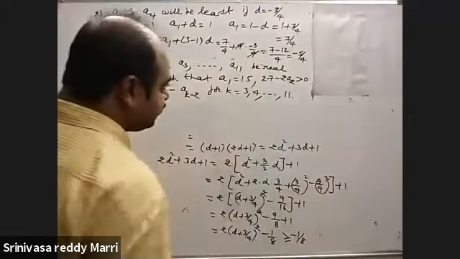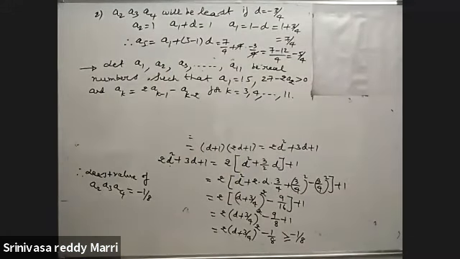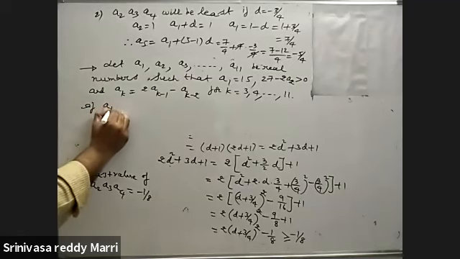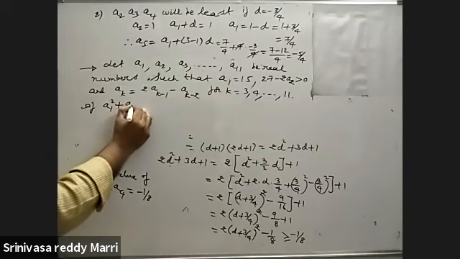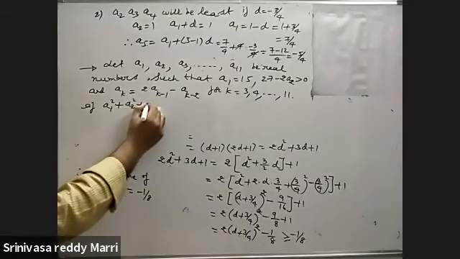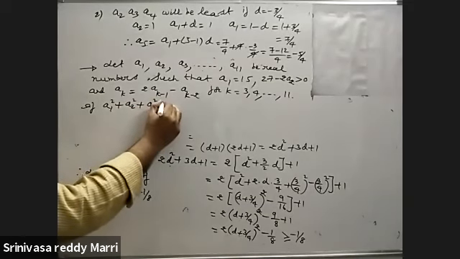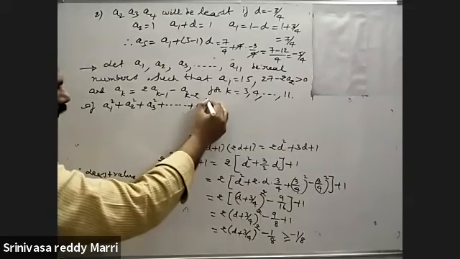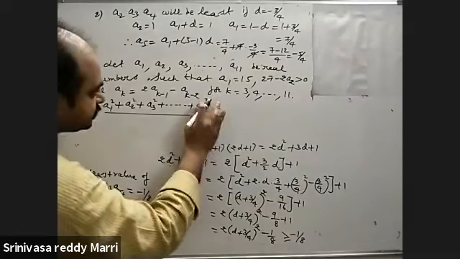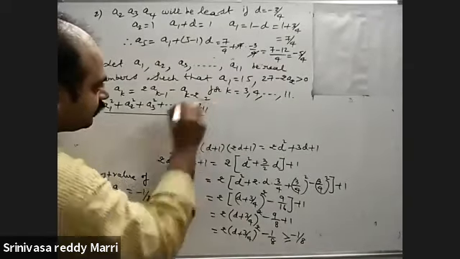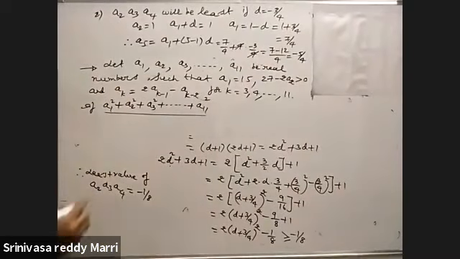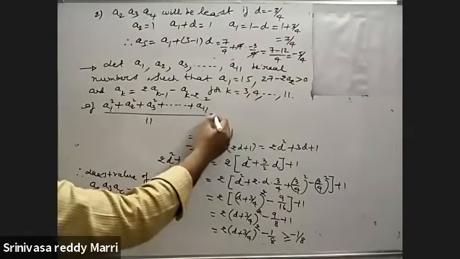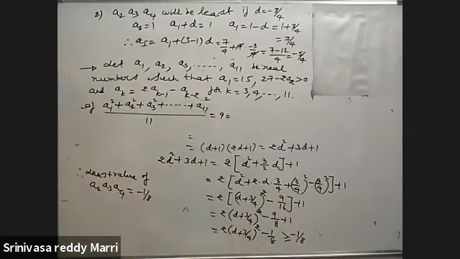This is the relation given, for K equal to 3, 4 and so on up to 11. If A1 square plus A2 square plus A3 square and so on plus A11 whole square, divided by 11, this value is given as 90.